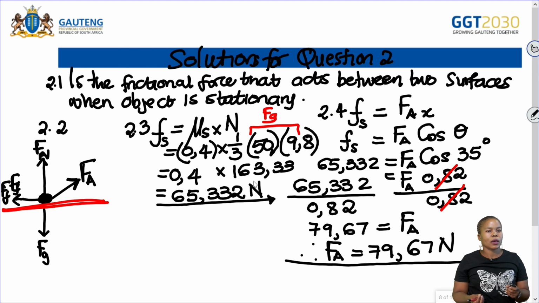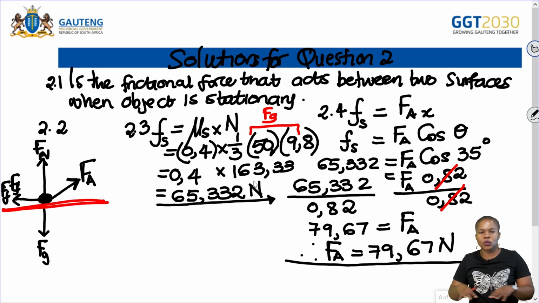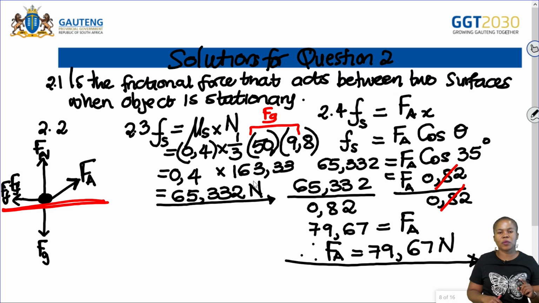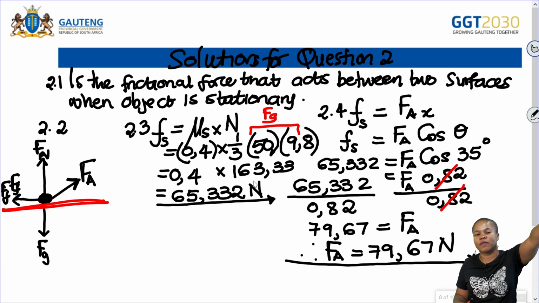Now Fs is equated to the horizontal component, because for it to move, it will not fly or jump up and down, but because there's a surface, it will move along the horizontal axis. Fs is your 65,332 which you've calculated over here, and it equals Fa cos of theta, because we want to find the horizontal component of it. So your Fa is what we are looking for.